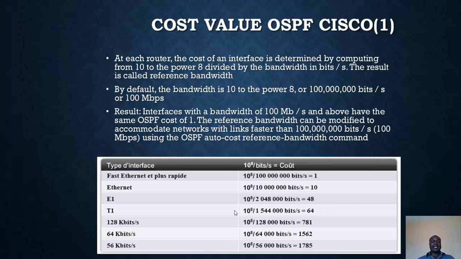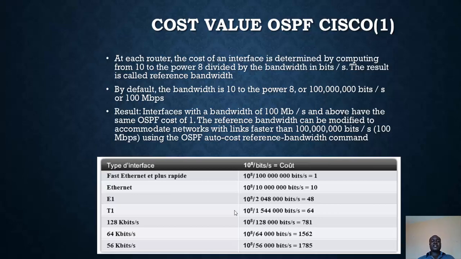Concerning Cisco, at each router, the cost of the interface is determined by computing 10 to the power 8 divided by the bandwidth in bits per second. The result is called the reference bandwidth. By default, the bandwidth is 10 to the power 8, or 100 million bits per second, or 100 megabits per second.